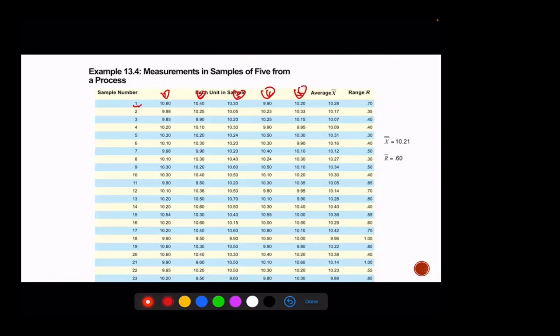So the number of samples is 25. However, if I ask you what the sample size is, the sample size is 5. Sample size means how many units you have in a sample, okay? So this is what we have.